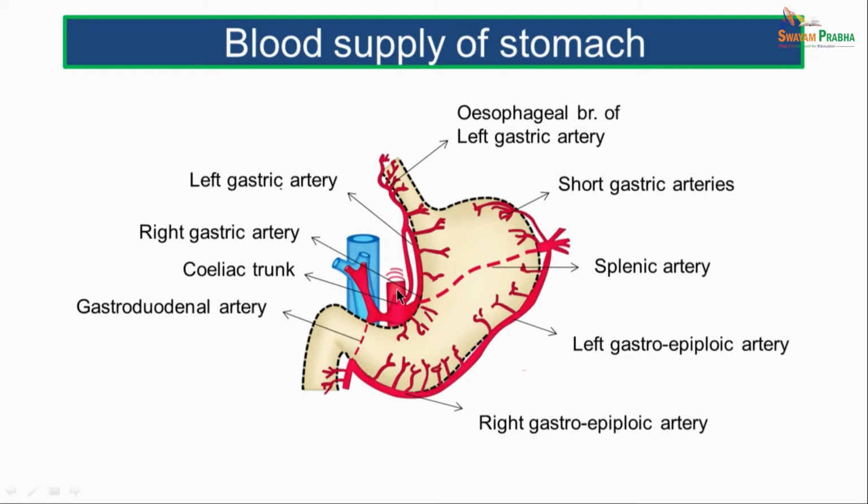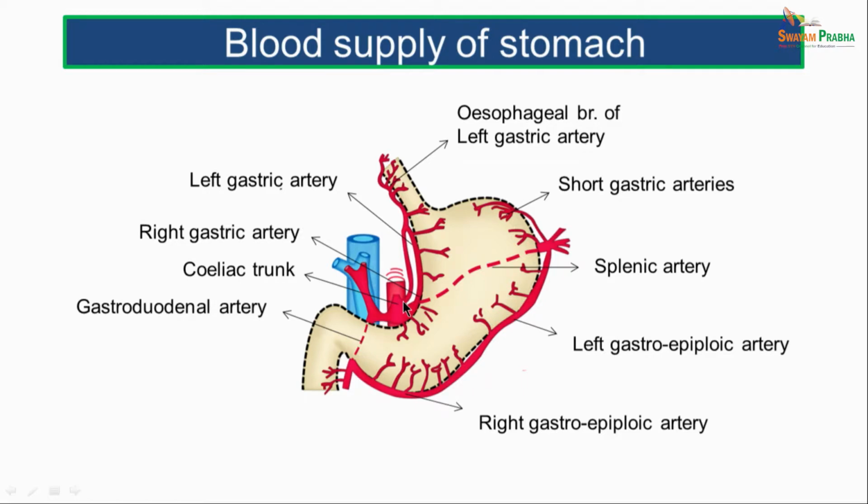What we see here is the abdominal aorta giving out one of its ventral unpaired branches, the celiac trunk. The celiac trunk is a very short vessel and immediately divides to form its three terminal branches: the left gastric artery, the splenic artery and the common hepatic artery.